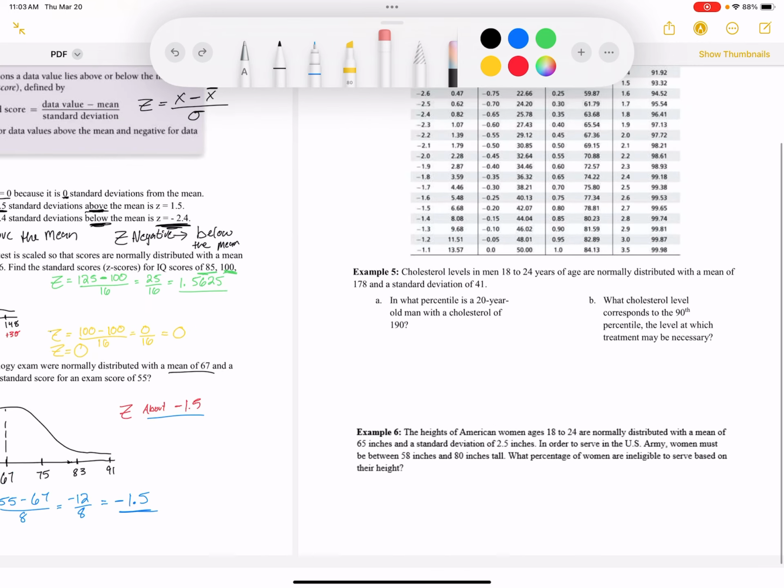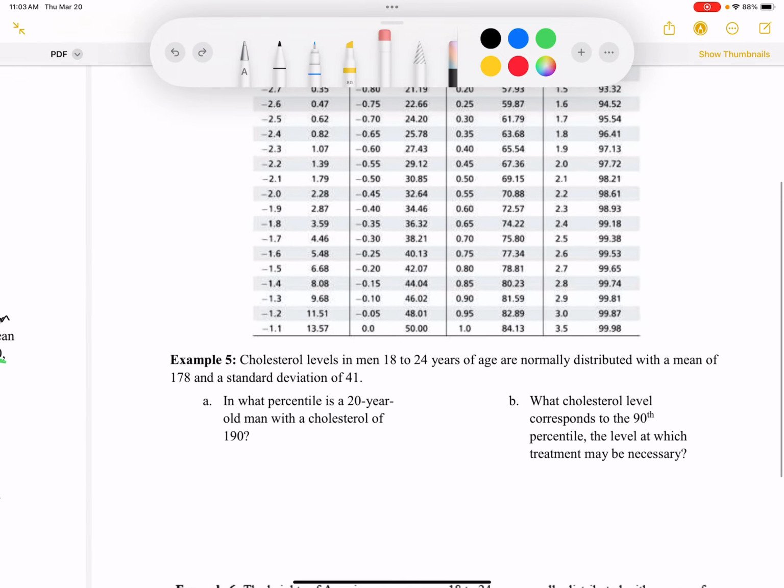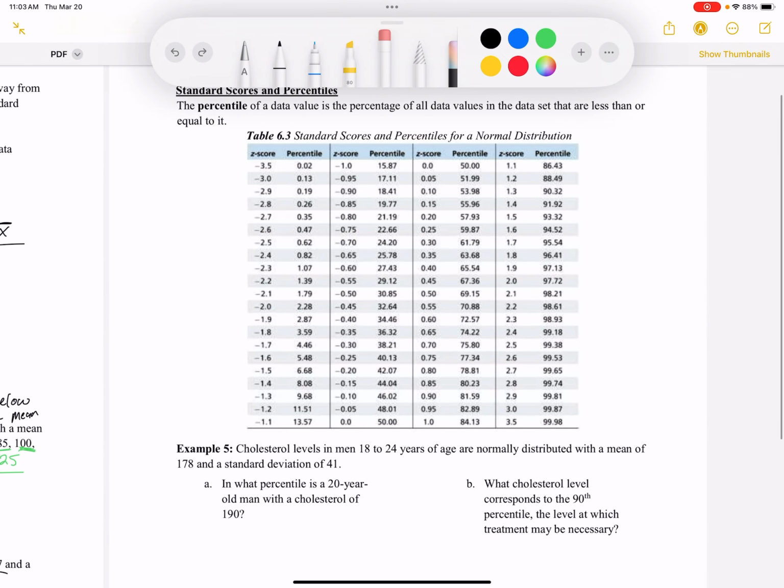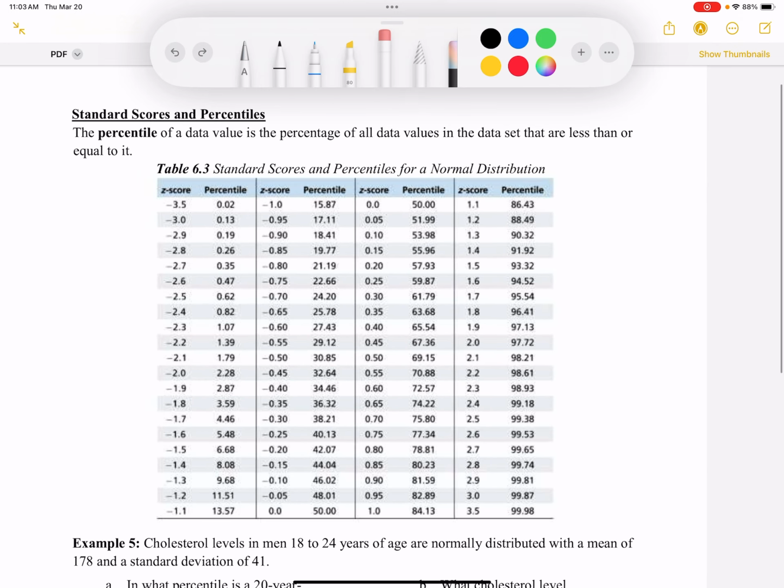All right, so let's get a little deeper. Here is a list of the standard scores and the percentiles. The percentile of the data is the percentage of all data values in the data set that are less than or equal to it.